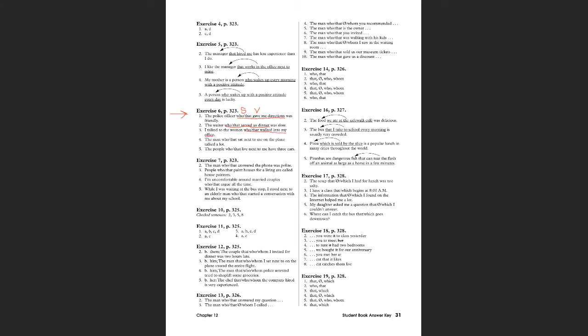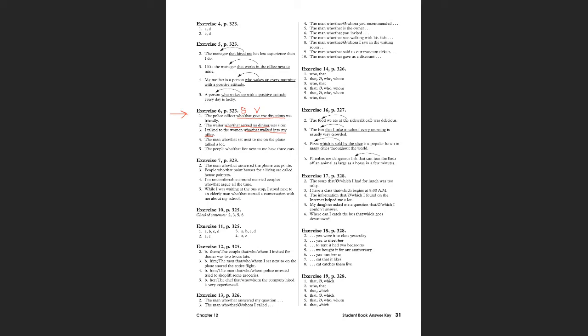I choose another one. That's okay too. I talked to the woman who lived next to me. But they want you to go across, straight across. So it should be, I talked to the woman who or that walked into my office.